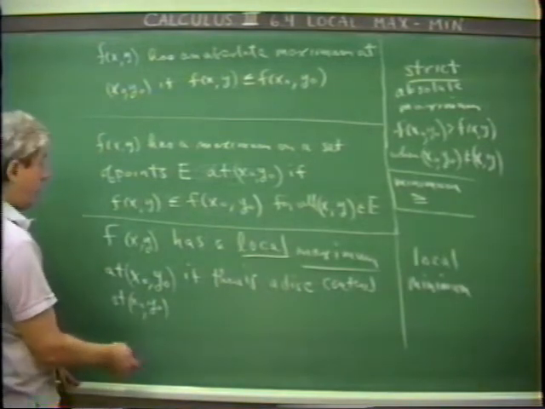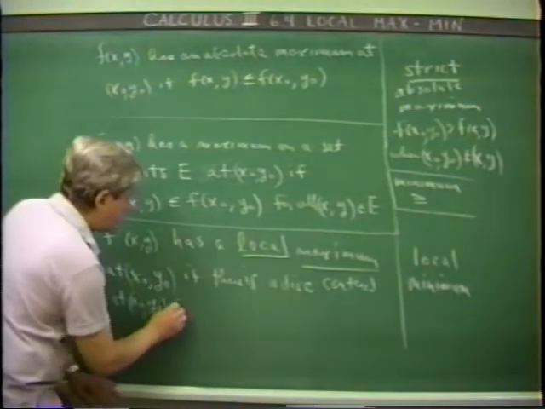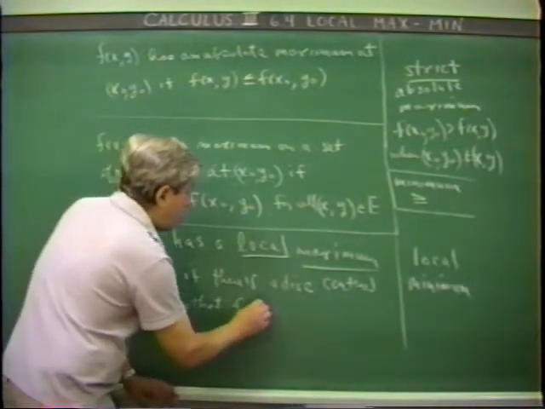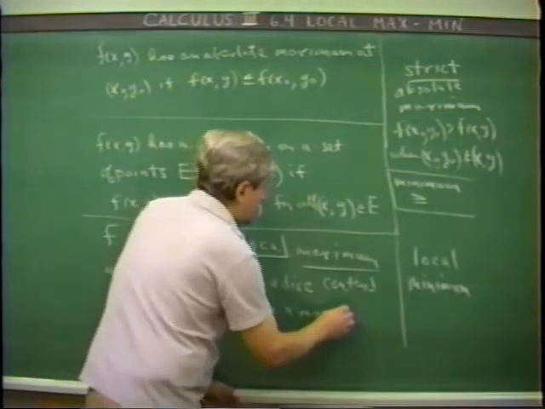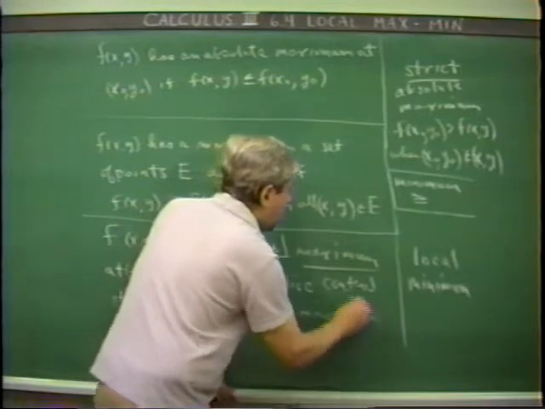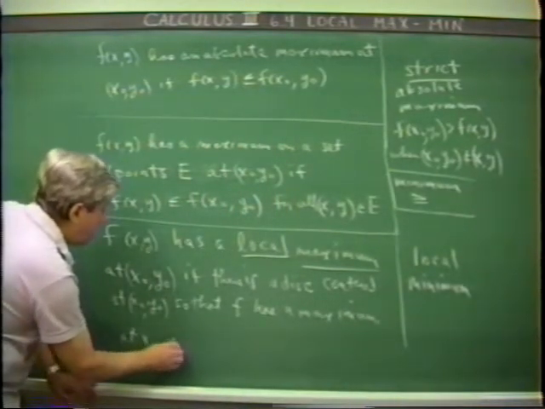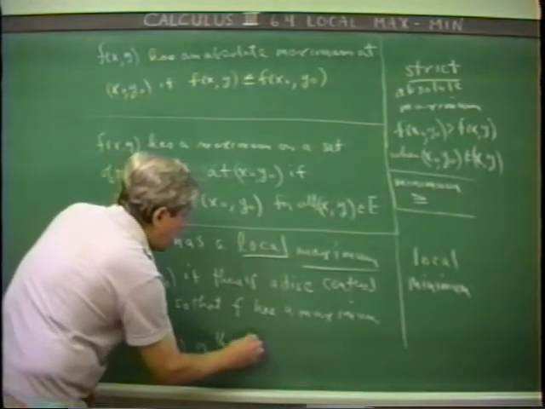It's a circular disk, if you want, centered at x naught, y naught. Perhaps just a small one, but if there's a disk so that f has a maximum at x naught, y naught on this disk.